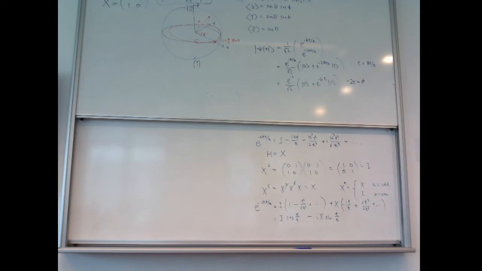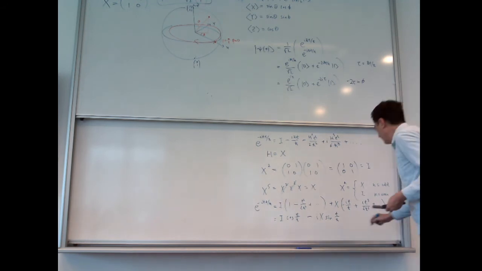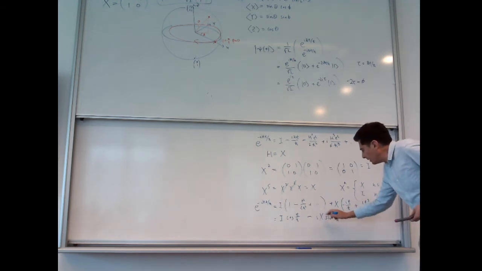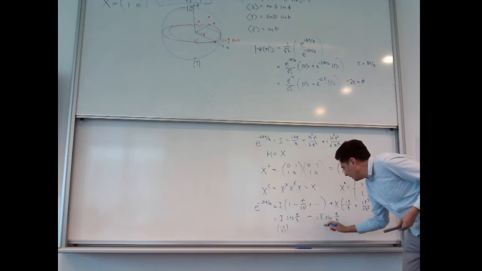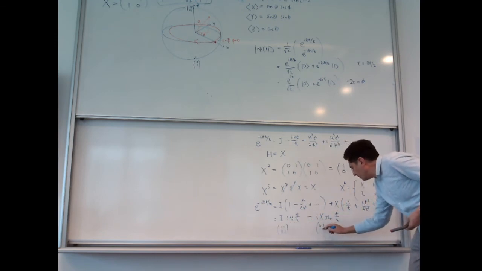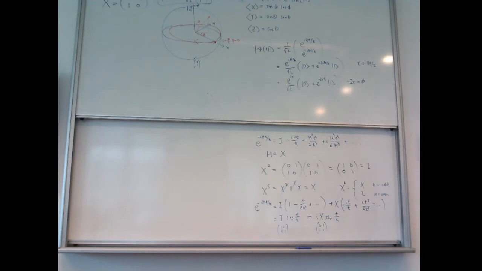We can write that in matrix form because this I is just like 1, 1 diagonal, and this x is 0 like this. So we can write it exactly as a 2 by 2 matrix.